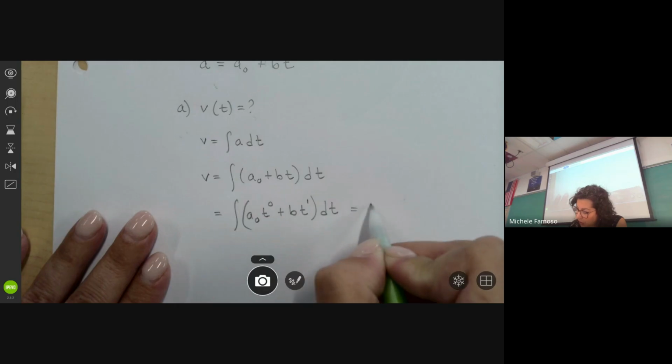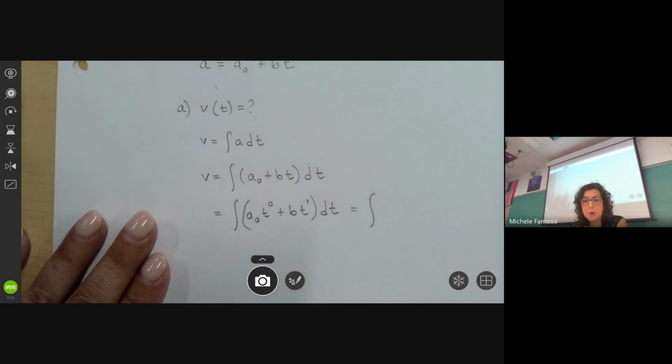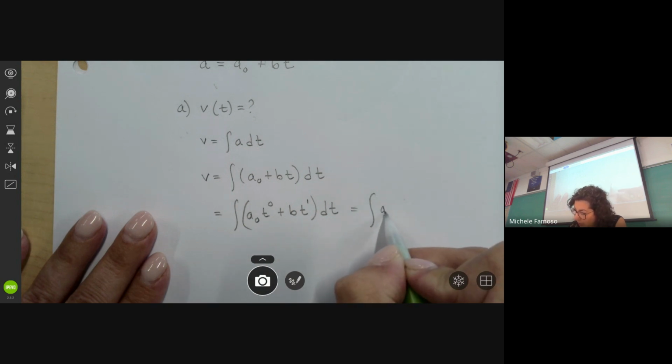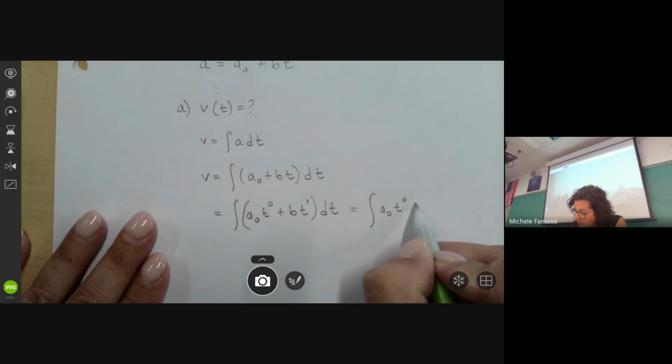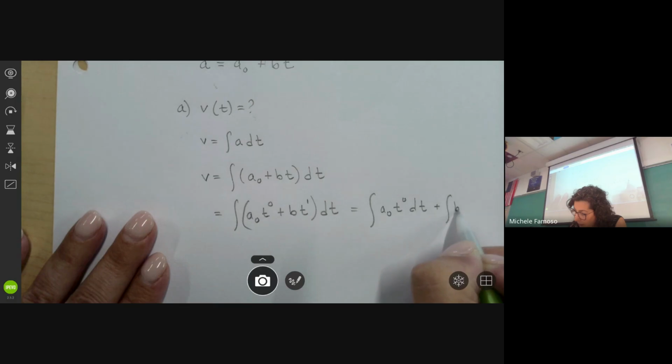And I'm also then going to rewrite it to distribute the integral and the dt to both terms. So that would be the integral of a0 t to the 0 dt plus the integral of bt to the first power dt.